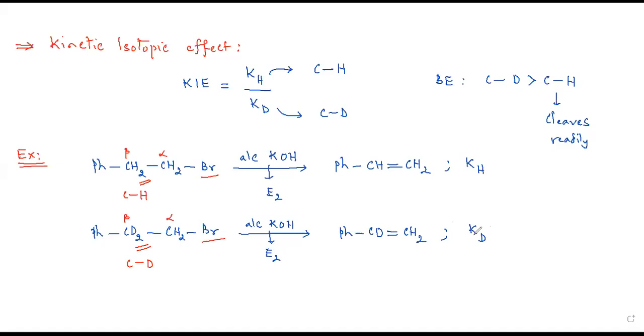Now we'll be comparing the rates by taking different isotopes. Okay, and this is of two types: primary, secondary. Primary kinetic isotopic effect, secondary kinetic isotopic effect. Let me also tell you that in E2 reactions, we have primary kinetic isotopic effect. That is again a very important point.